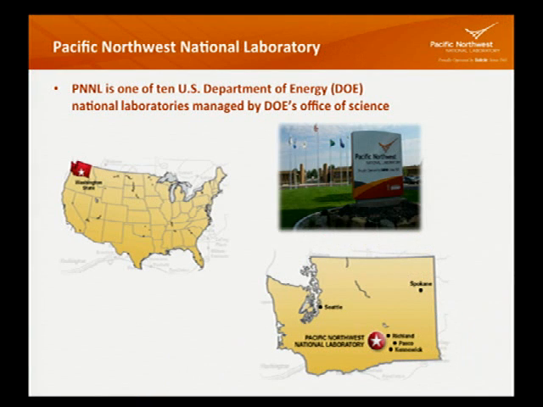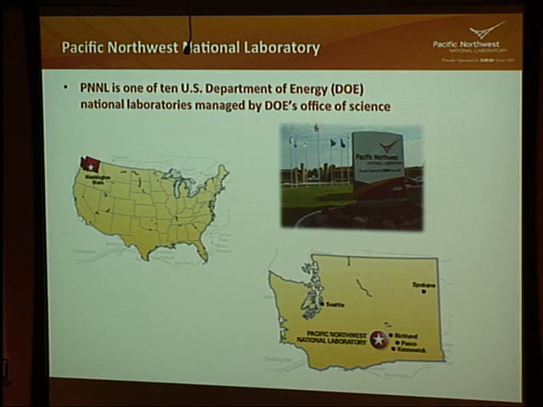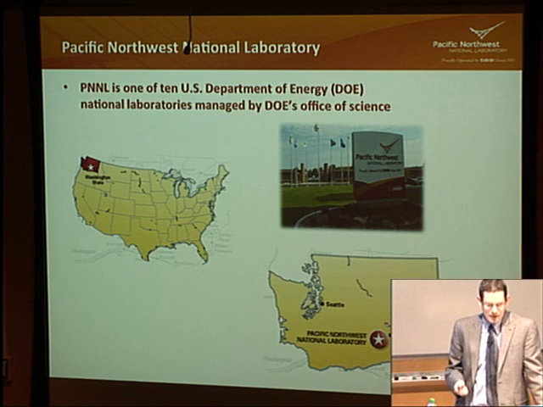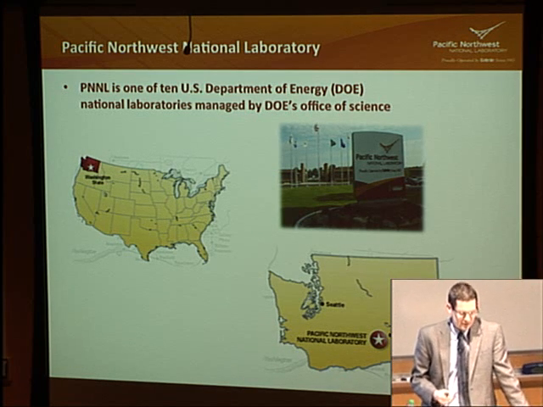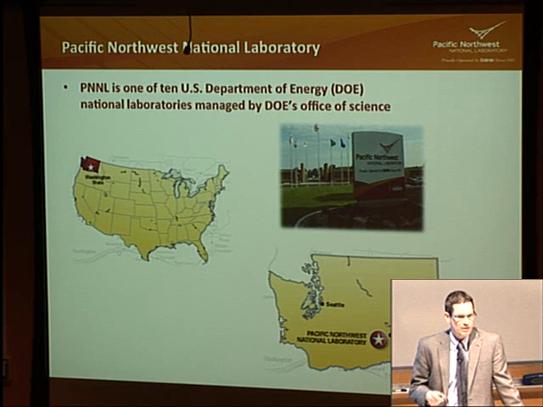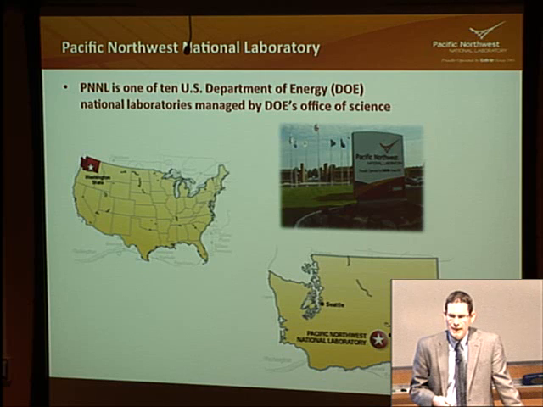And just to give a little bit of background where I'm at currently, it's at Pacific Northwest National Laboratory. It's one of 10 U.S. DOE national laboratories, and it's located in southeastern Washington, over here in the Tri-Cities area of Richland, Pasco, and Kennewick. And it has some historic significance. It was an area during the Manhattan Project where a lot of facilities were built and reactors.